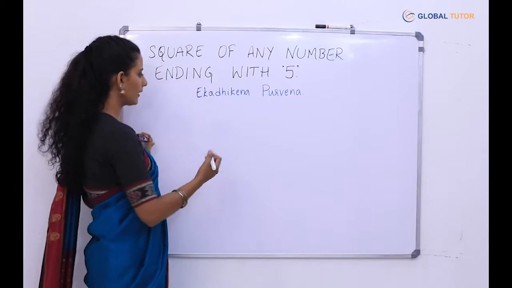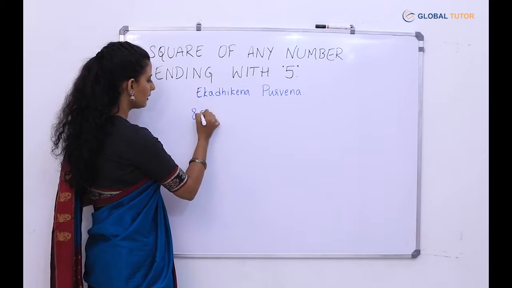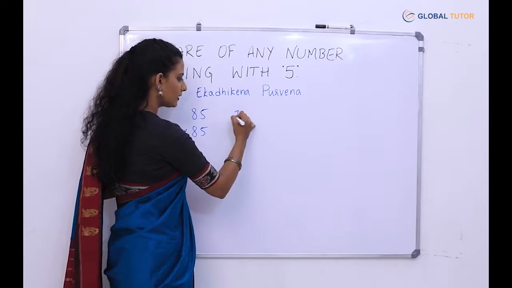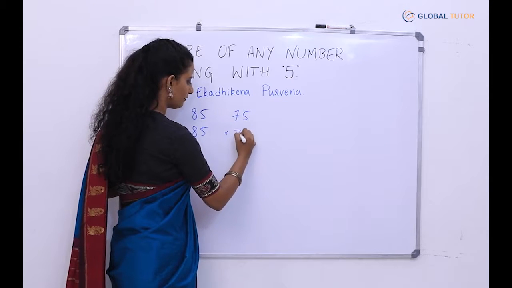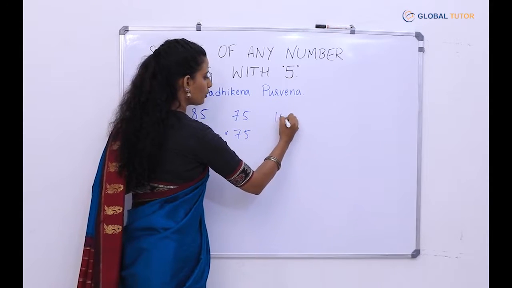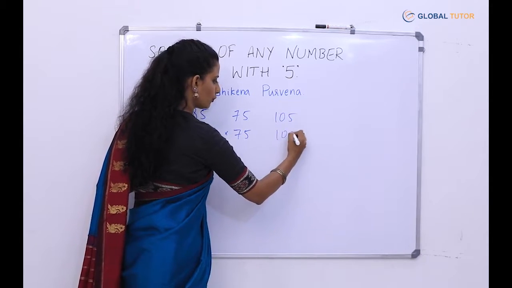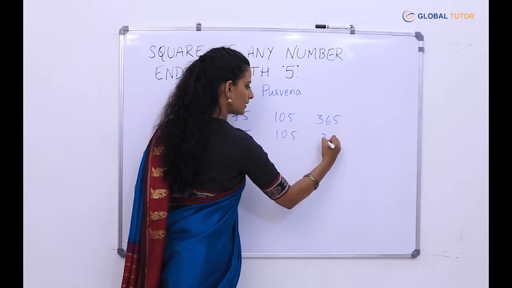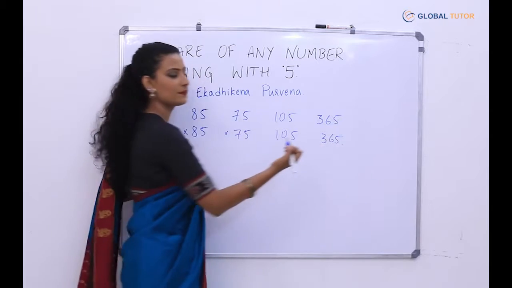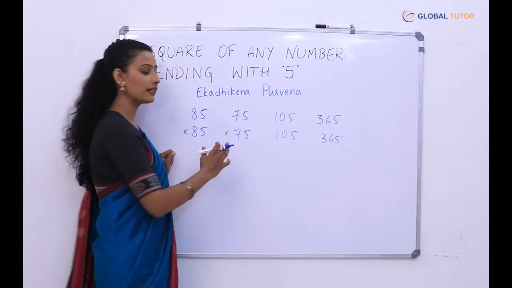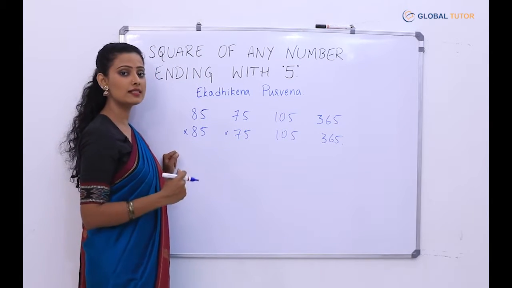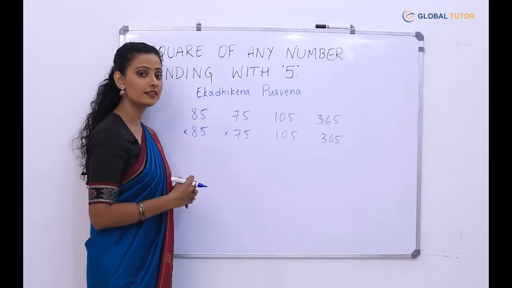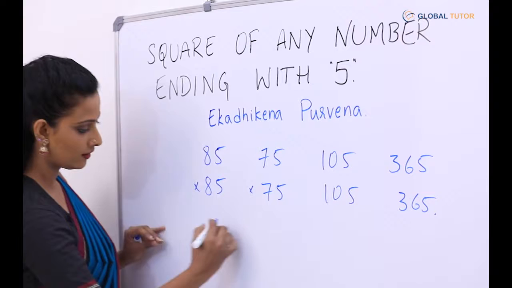So we will be solving questions like 85 into 85, 75 into 75, 105 into 105, probably 365 into 365. Before solving these questions, we will discuss a broader Vedic sutra which is called Antyayor Dashakepi.